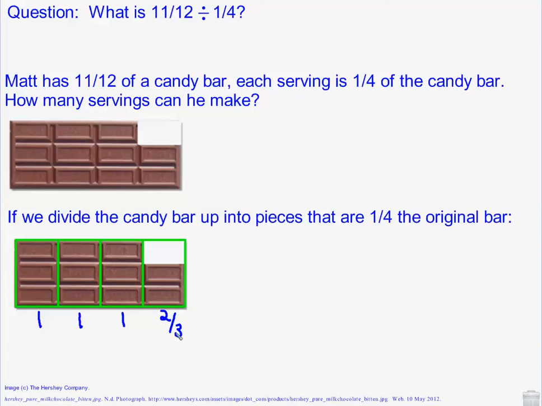That means that 11/12 divided by 1/4 equals 3 full parts and 2/3 of a part. Or 11/12 divided by 1/4 is equal to 3 2/3. We could also write this number as an improper fraction. So 3 2/3 is also equal to 11/3.